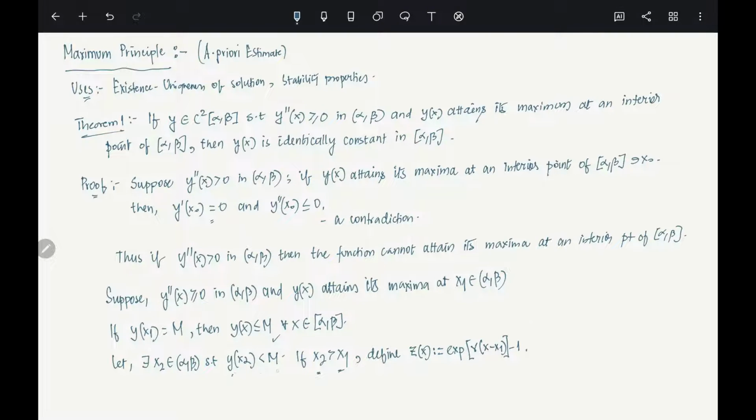And at the point x2, y of x2 is less than m. So basically, if you define this, you see z of x, between alpha and x1, x minus x1, right? In between, this is basically negative. It is exponential gamma, some negative term, minus 1. So basically it is less than 1. So this has to be negative, right?